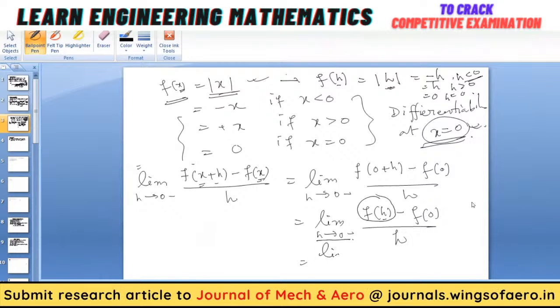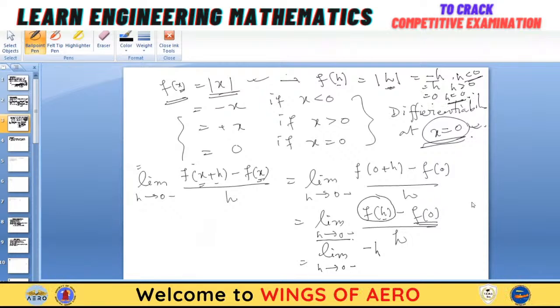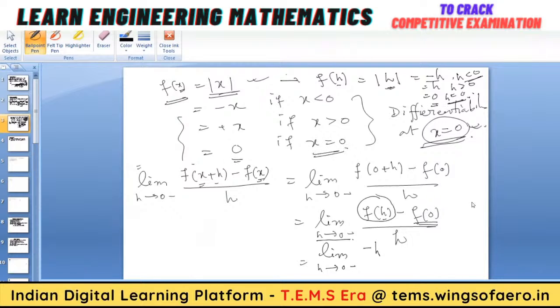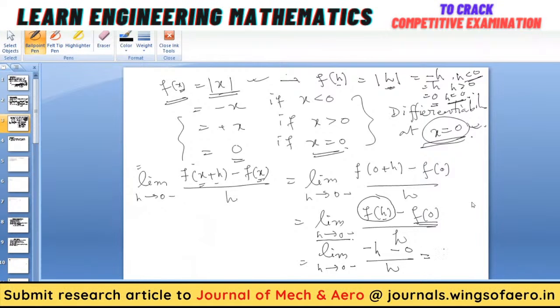Limit h tends to 0 minus of minus h. And f of 0 we already know: when x is equal to 0, the functional value is 0. So f of 0 is obviously 0, divided by h. So what is the limiting value? The limiting value is minus 1.